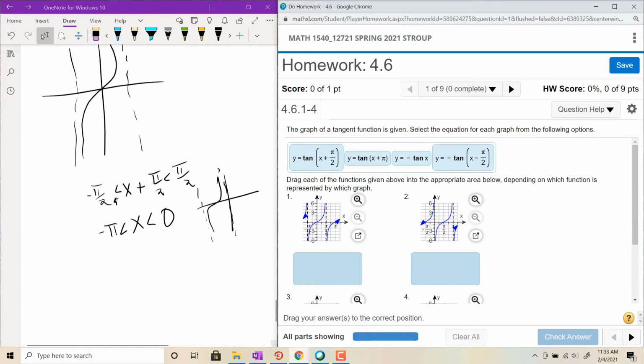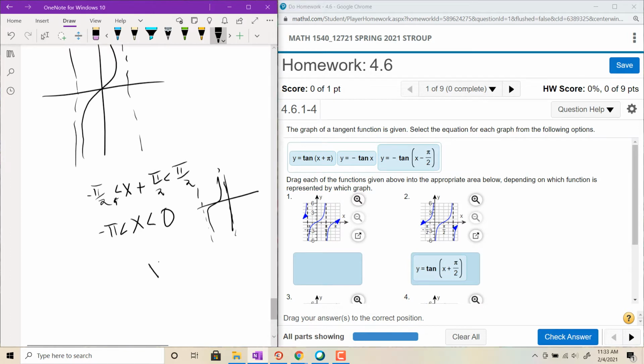Tan of x plus pi. Okay. Tan of x plus pi, so wedging x plus pi in here. Subtracting it from all three sides, you get negative 3 pi over 2, less than x, less than negative pi over 2.